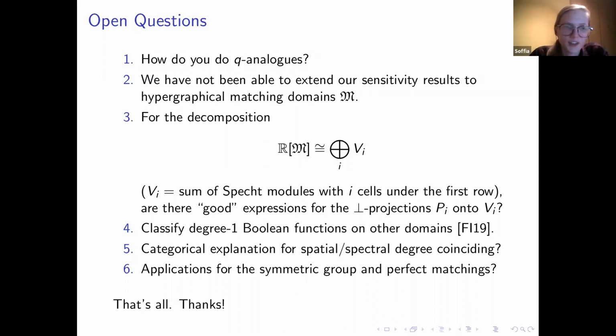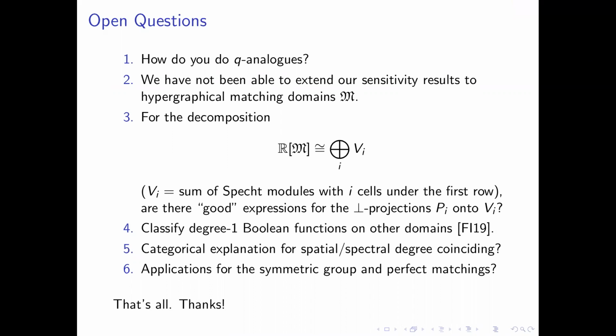I'm just curious, Nathan, among these open questions, are you specifically interested in particular ones? Are you working on some of these? Yeah, so one thing that I'm interested in is this classification of degree 1 Boolean functions on other domains.